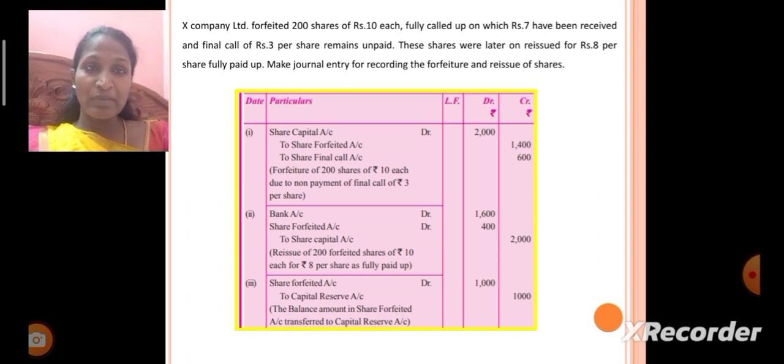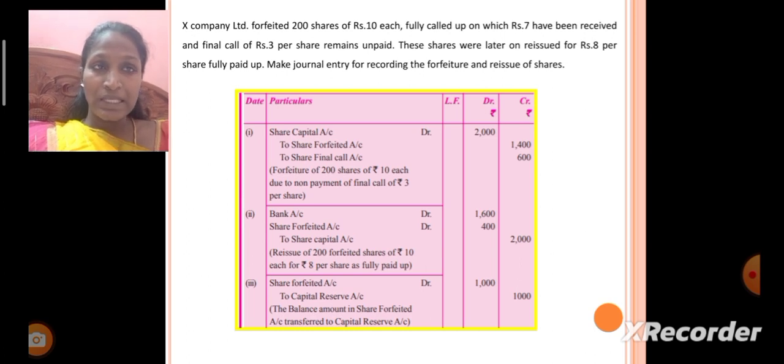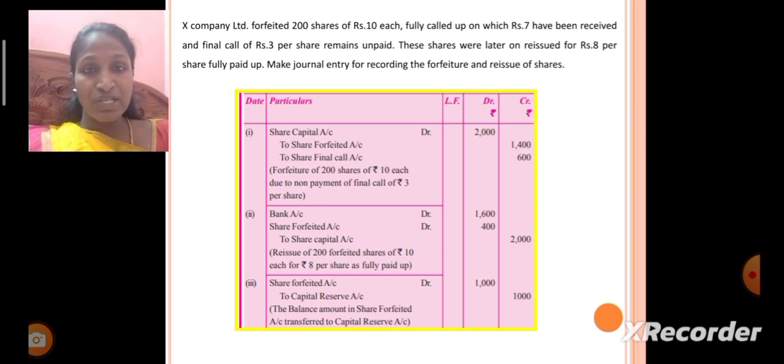X Company Limited forfeited 200 shares of rupees 10 each, fully called up, on which rupees 7 have been received and the final call of rupees 3 remains unpaid. These shares were later reissued at rupees 8 per share, fully paid up. Make entries for recording the forfeiture and reissue of shares.